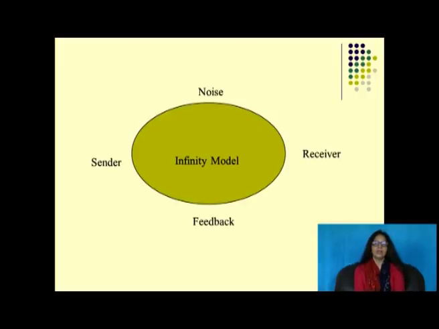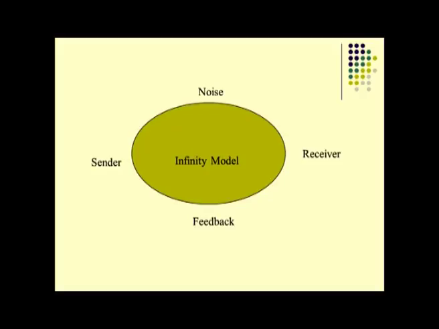So we look at the infinity model. As I said, that one two-way process does not complete the communication loop. It leads to more transactions. So when the person smiled at you, you went forward, you walked across and greeted the person, shook hands with the person, and then you were exchanging notes on your background, and by the end of the party you were planning to have dinner together somewhere, or meeting on the weekend for another get together and thinking of doing things together.